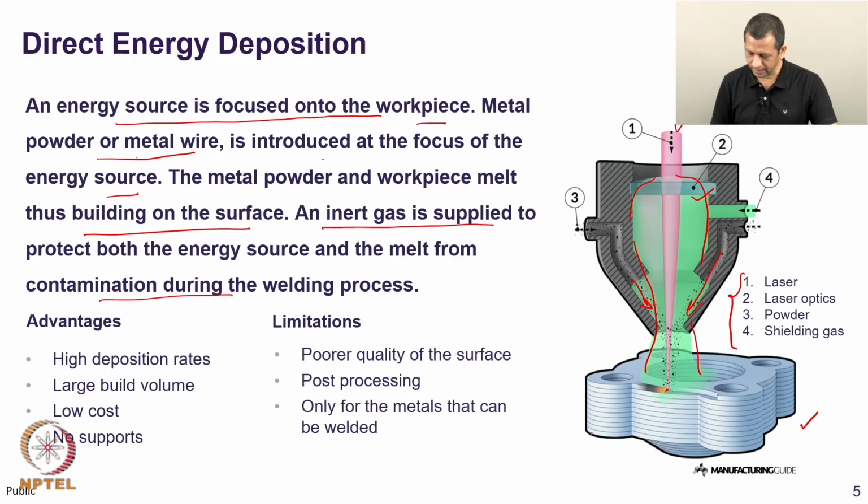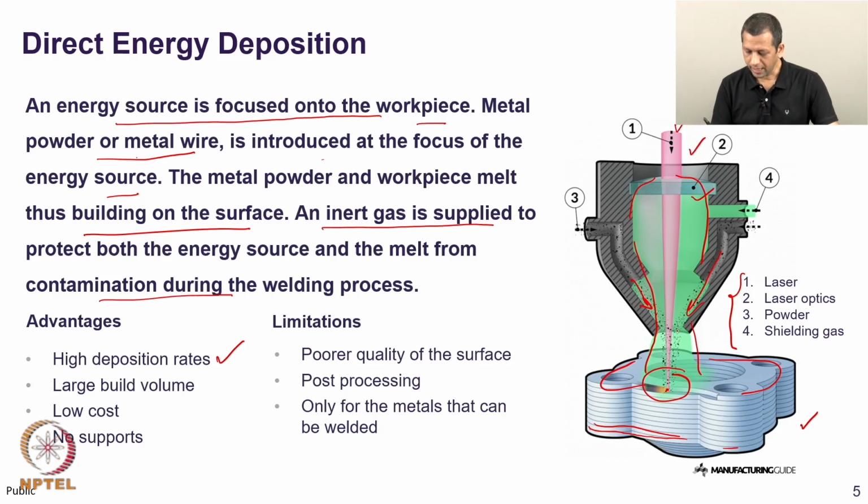And as you can see, the formation is a layered structure and thus large parts can be formed because this whole assembly can move to various locations. Thus there are many advantages of this process. We have very high deposition rates because we can have multiple wires depending upon the power of the source.